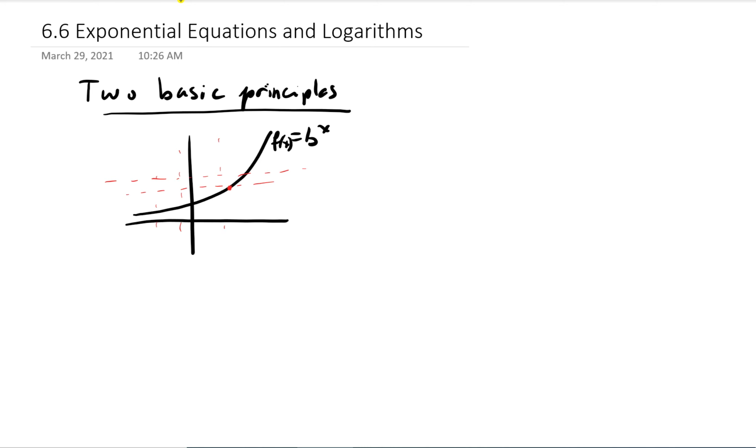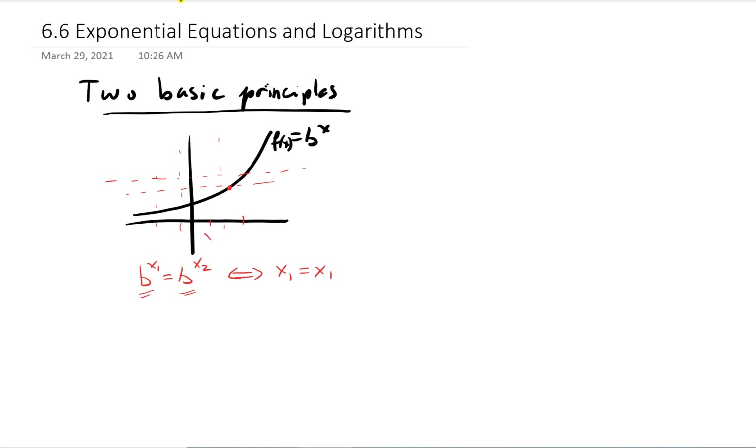So this means that if b to the x1 is equal to b to the x2, okay, so these two expressions are the same y values for a point on the curve, then their x values must be the same, right?